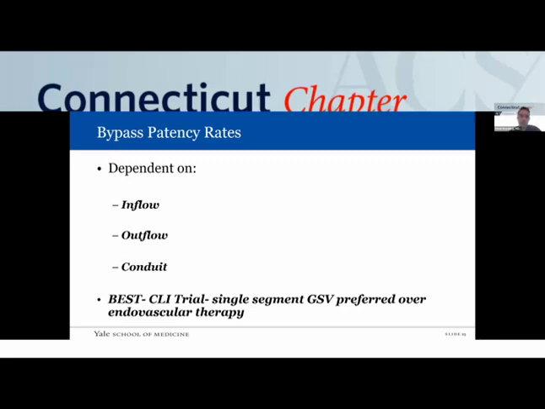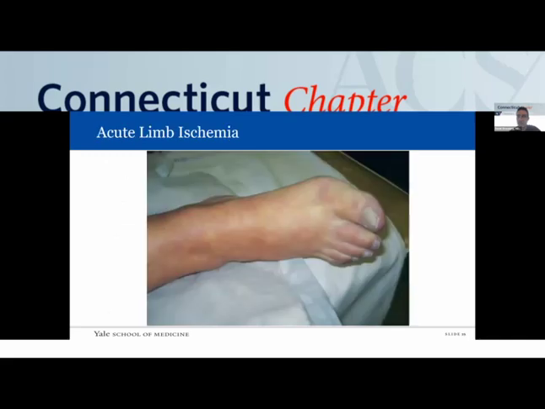And so if a patient is able to tolerate a bypass surgery and they have good saphenous vein, I counsel them highly on going directly to bypass rather than endovascular, as it reduces their rates of amputation and also their mortality rates on a long-term basis.